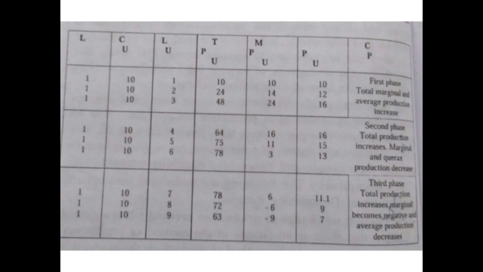So there are two terms, marginal production and average production. Now what does marginal production mean? Marginal production means the change in output resulting from employing one more unit. Whenever we add one more input, the change in the output is known as marginal production.